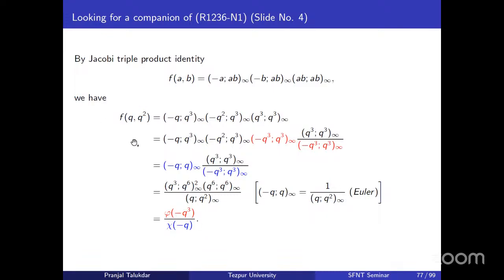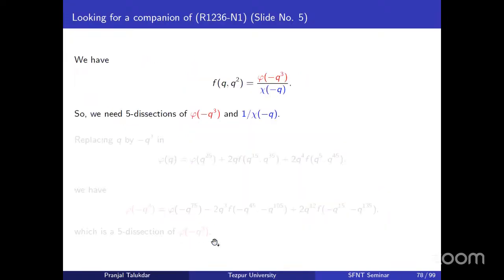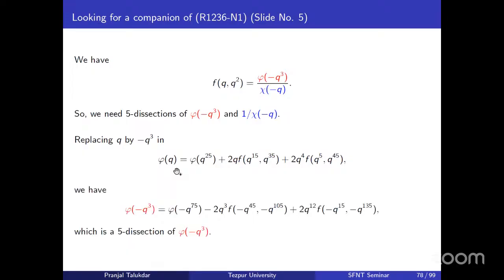So to find the five dissections of this, we may find the five dissections of these. We already have a five dissection for phi q, and if we replace q by minus q3, we get a five dissection of phi of minus q3. But again, we don't have any already available five dissection for 1 by chi of minus q.